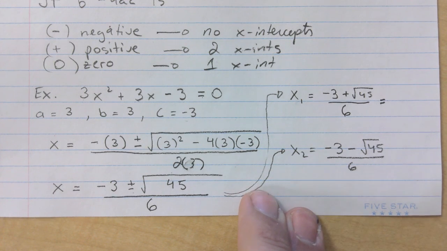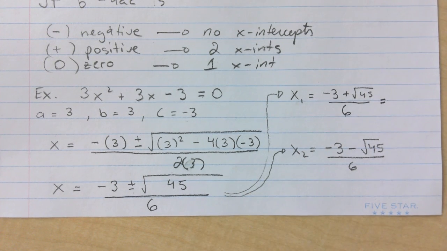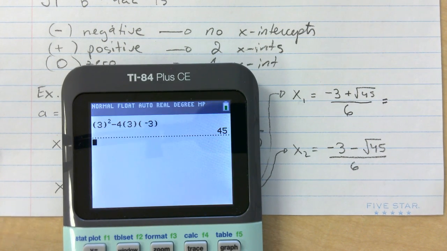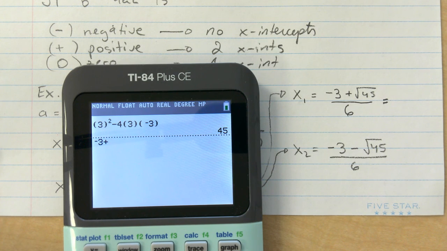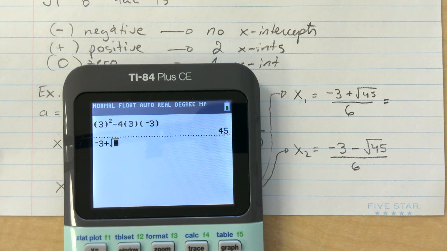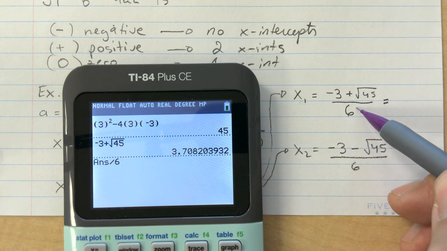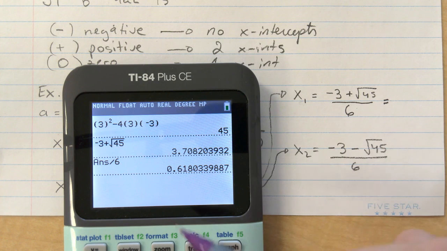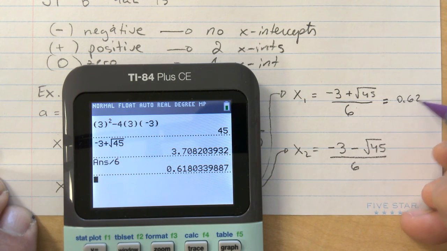So watch what you have to be careful with here. If you type this in, you have to be very careful. So negative 3 plus square root, you probably forgot how to do square root. You've got to go second x squared to access the square root button, 45. And watch what I would do here if I were you. I would hit enter, and then I would divide by 6. Otherwise, it might give you an issue with order of operations. So that is your first x-intercept.